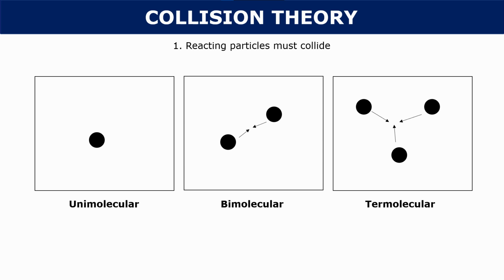You can think of bimolecular when you collide with one other person, and termolecular when you collide with 2 or more other people. You're going to run into the wall a lot. You're going to run into one other person a lot. You're going to have a lot of unimolecular and bimolecular reactions. But you're not going to have a lot of termolecular reactions because it's really unlikely for 3 or more people to collide at the exact same time with each other.